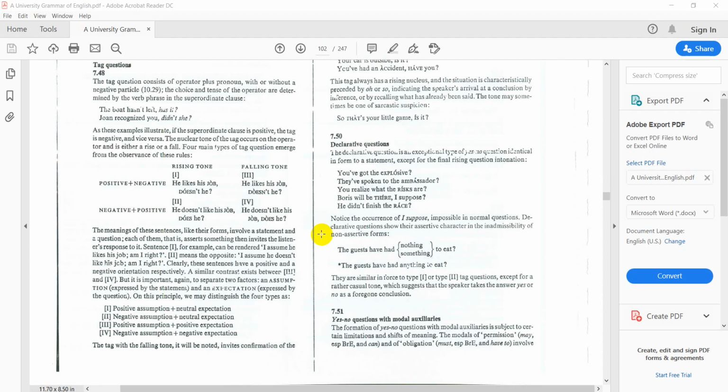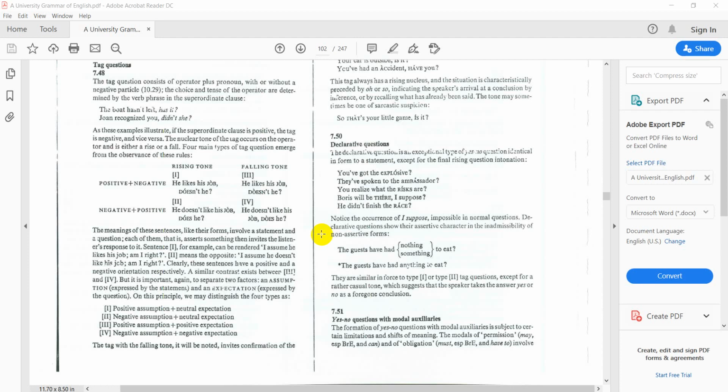But I can't use anything, which is a non-assertive form, because it is a declarative sentence. It is a statement. So "the guests have had anything to eat" is wrong. As I told you, you keep the statement as it is without any changing. Don't change the assertive form into non-assertive.